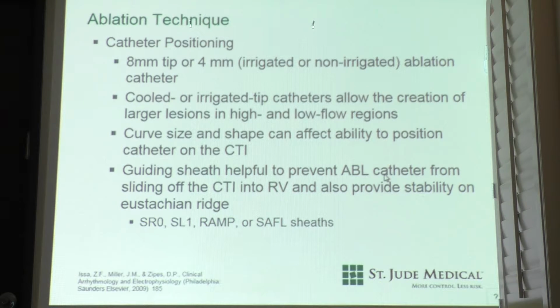Drugs. So say their rate's going 200 beats a minute. They can give a beta blocker, right? Or if we know they've had a screening echocardiogram to determine that they don't have any clots, then they can do synchronized cardioversion, DCCV, right?